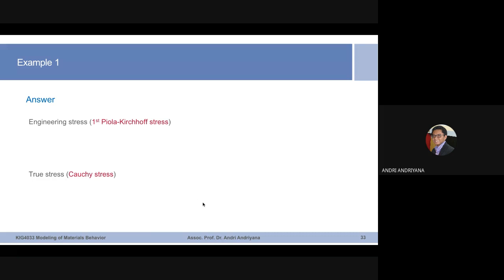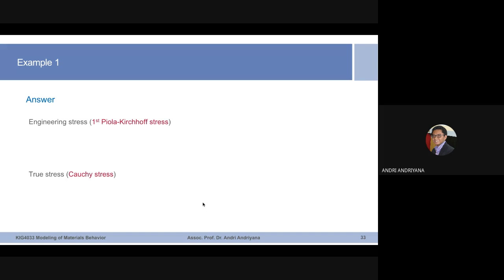When we deal with rubber materials capable of undergoing large strain, the cross section will change quite significantly with deformation, because the material can be stretched 3, 4, 5 times elastically. So the cross section will decrease significantly, which means that if you calculate engineering stress and compare it to true stress, the values will be significantly different.